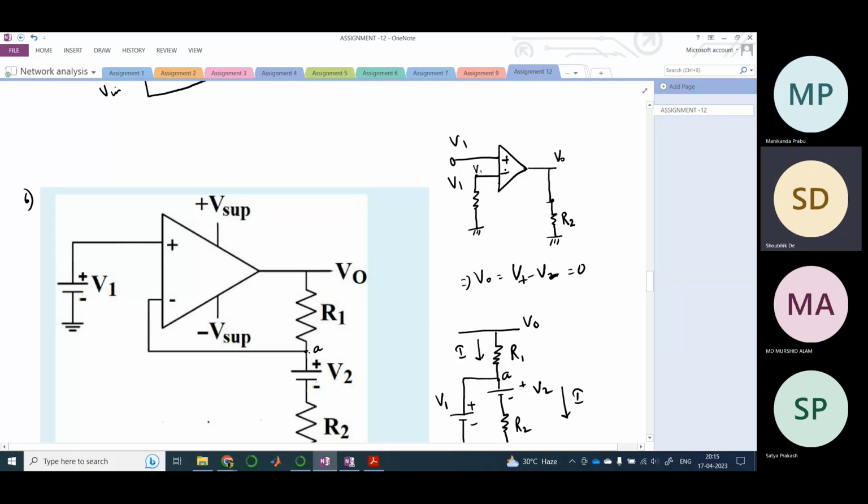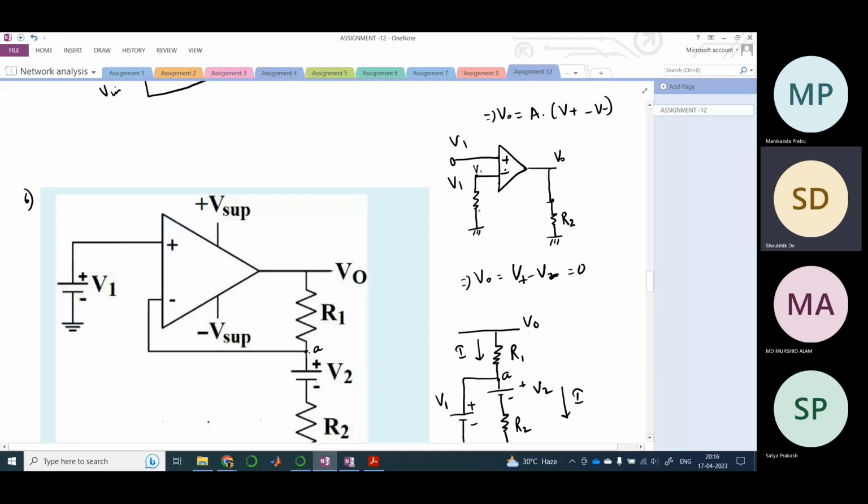You need to see, Manikananda, you need to look at an op amp circuit from the point of view of feedback. If there is feedback, then you apply the things accordingly, but if there is no feedback, your circuit would be a comparator. It will compare the inputs, so V0 would be A into V plus minus V minus.